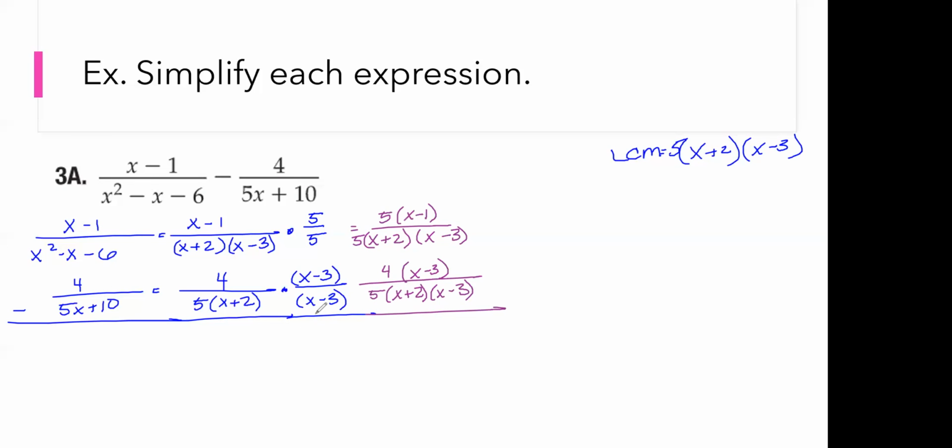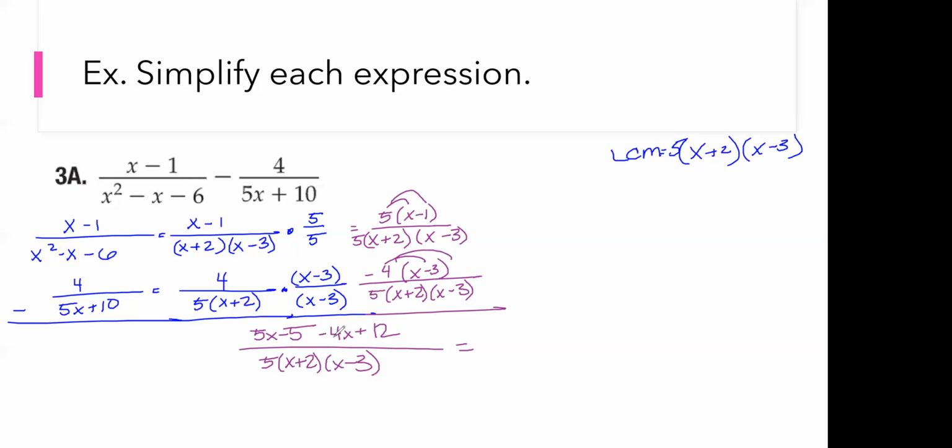First I'm going to distribute. So this would be 5x minus 5. And since this is subtraction, I'm distributing that minus 4. So negative 4 times x is negative 4x, and negative 4 times negative 3 would be positive 12. And my denominator is still 5 times x plus 2 times x minus 3.